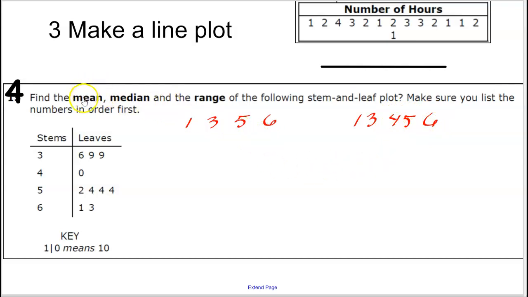Okay. Now the mean is the average. Okay. So if I do this one, I would do 1 plus 3 plus 5 plus 6, and there's 4 numbers, so I would divide by 4. Here I would add 1 plus 3 plus 4 plus 5 plus 6, but there's 1, 2, 3, 4, 5 numbers. Okay, and that would give me the mean.